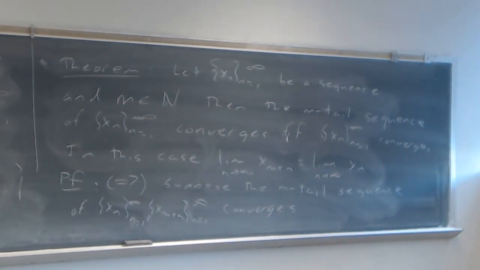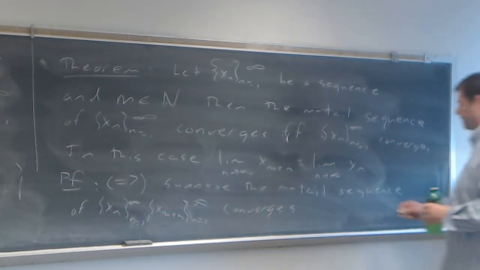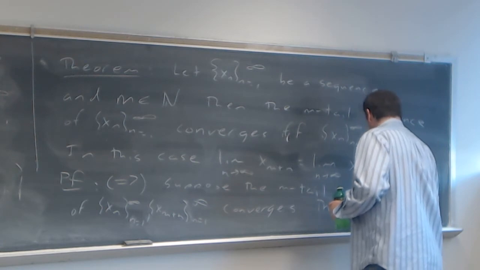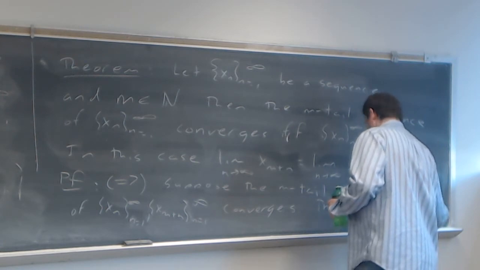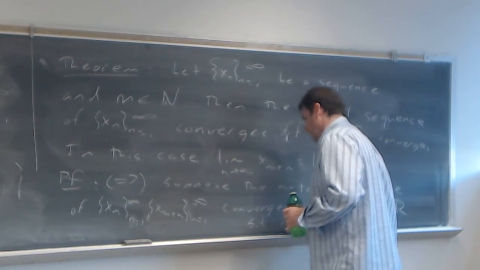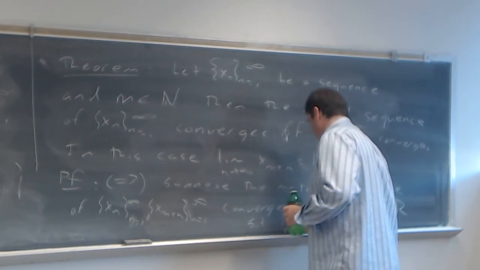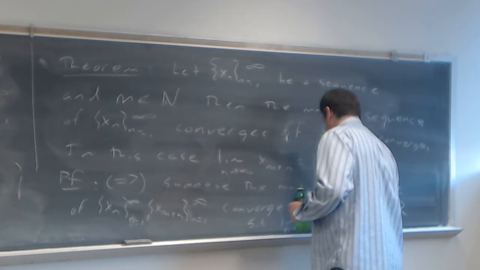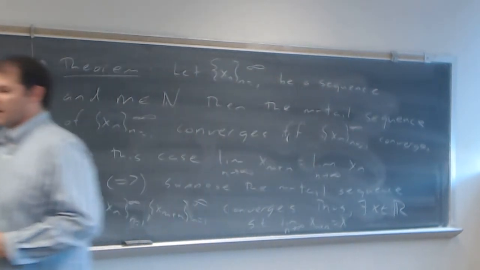If the sequence converges, it converges to a number. So that means there's some number that it converges to. Thus, there exists an x, an element of R, such that the limit as n goes to infinity of x of m plus n equals x. So it converges to some number.